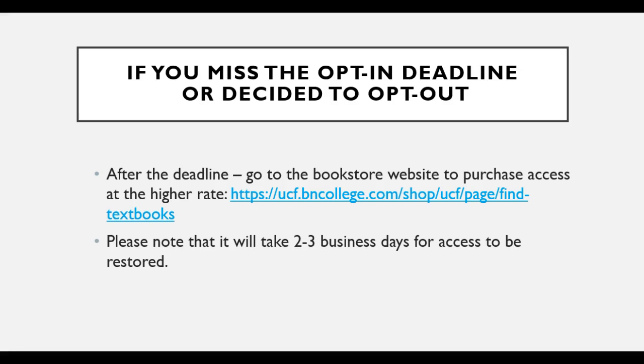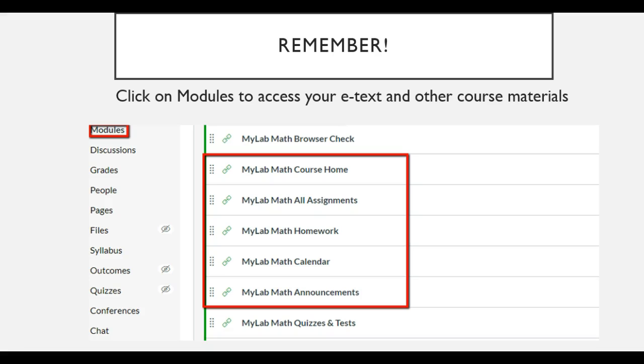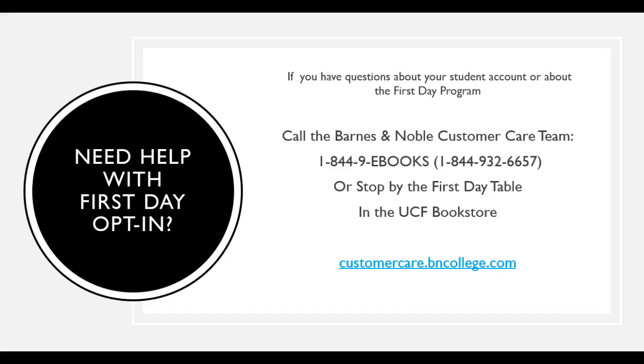Please note that it will take up to 2 to 3 business days for access to be restored to the students. So it's important to remind students that in order to find their assignments and the e-text, they must click on Modules, and that's where they'll find all the links.